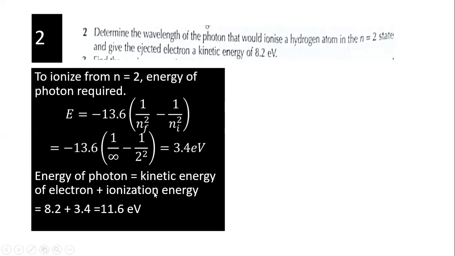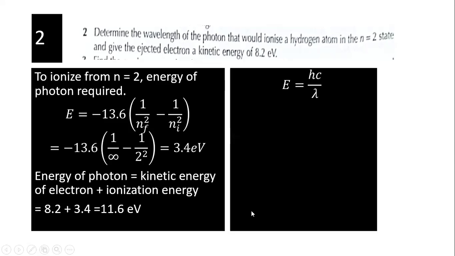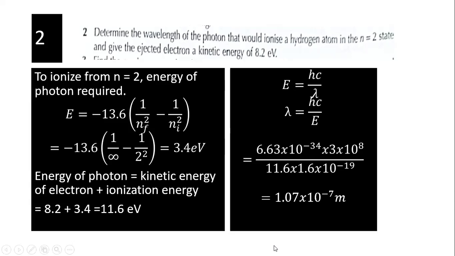So 8.2 plus 3.4 is 11.6. That's the 8.2, that's the 3.4. Then use this formula. Okay, that's what we get.